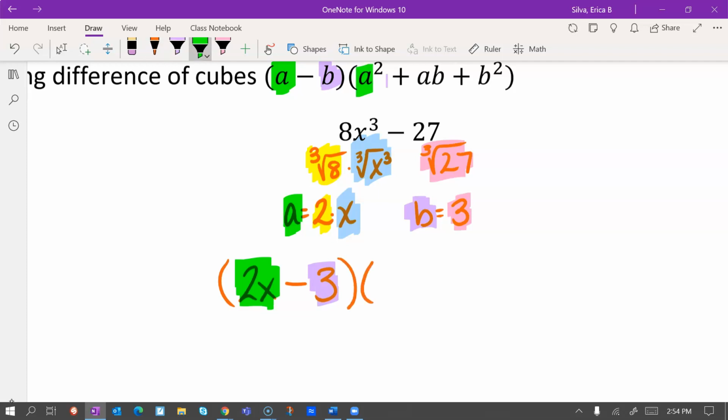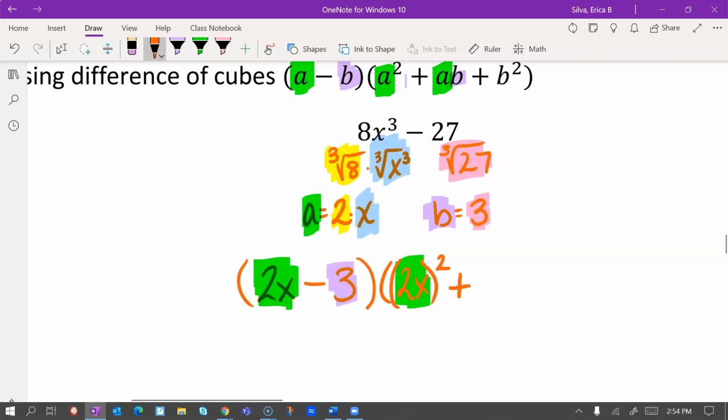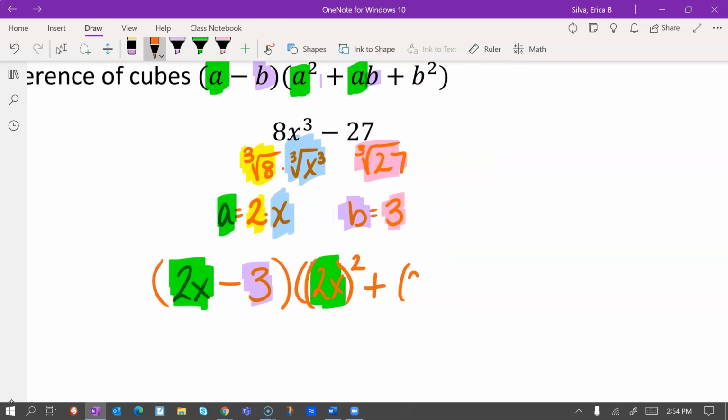We've got A squared. So we've got 2x, and that whole thing is going to be squared, plus A times B. So we get my A, which is 2x, times my B, which is 3. And then we do plus my B squared, and my B is 3.